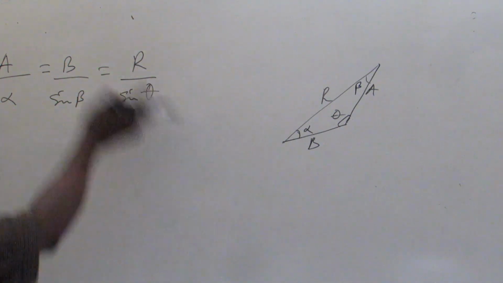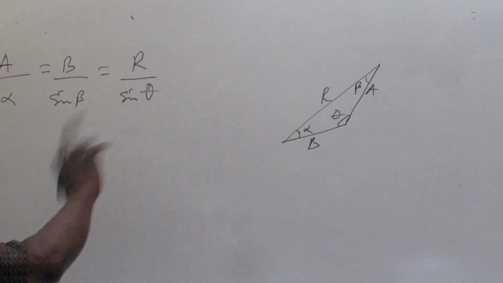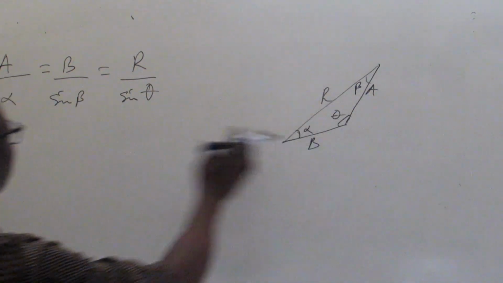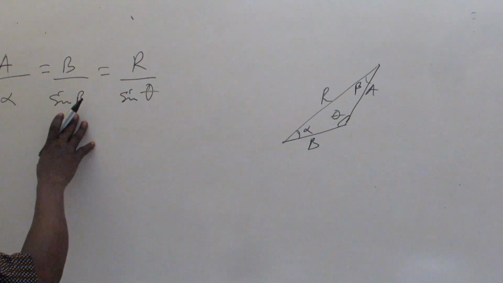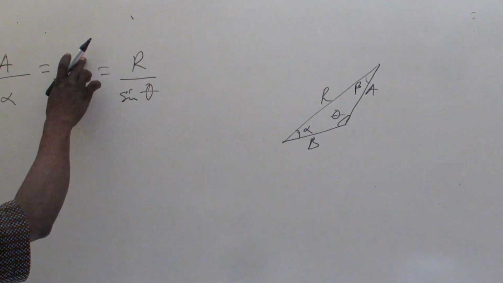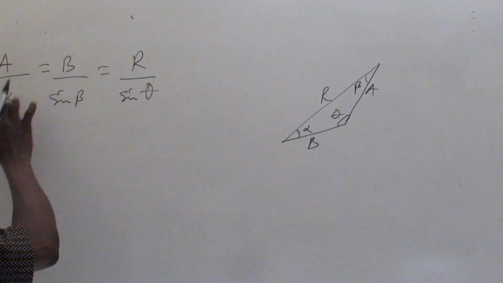From here, having these identities, you can find whatever you are looking for in this triangle. If alpha, beta are given and B is given, you can find A or any other value.